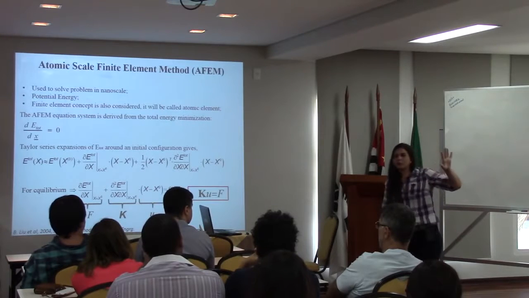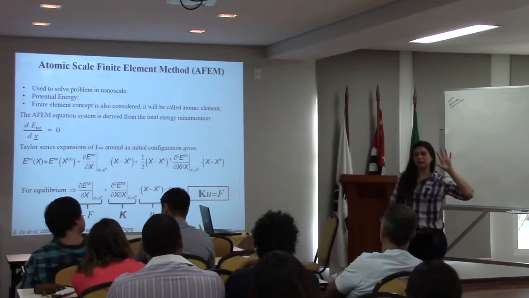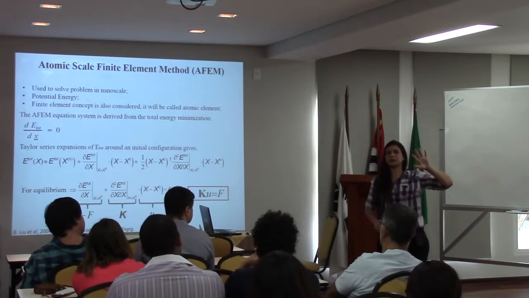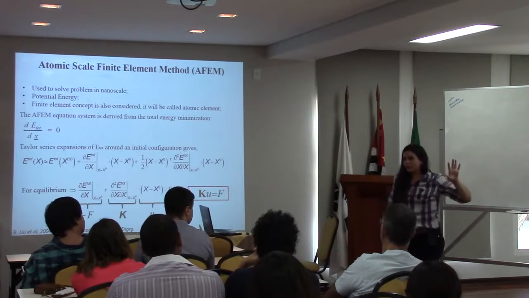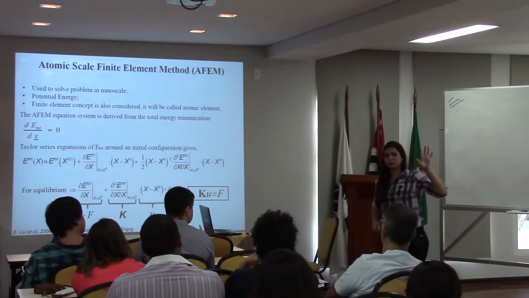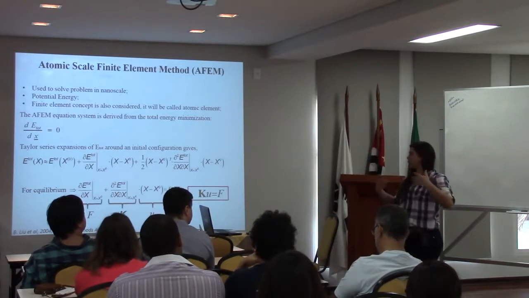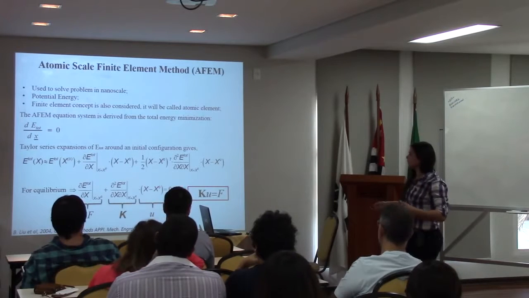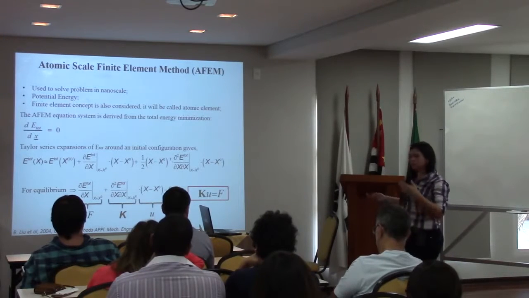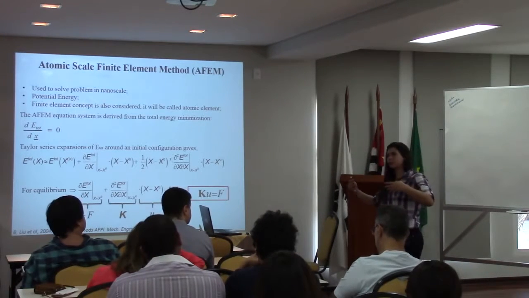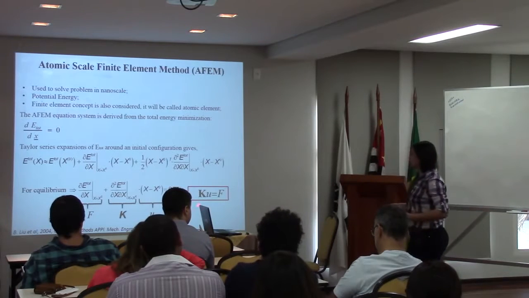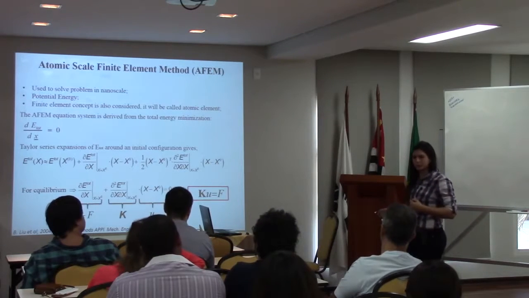First, you have a structure and the atoms that we are working on, and then you decide the best potential for this problem. And then we apply the first derivative and the second derivative of this potential energy, and we can get the stiffness matrix and force vector.